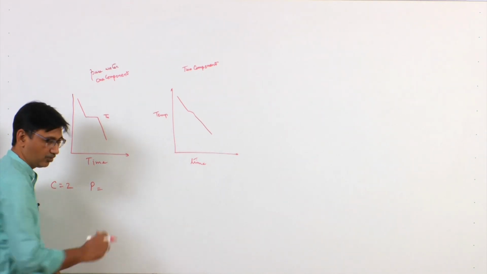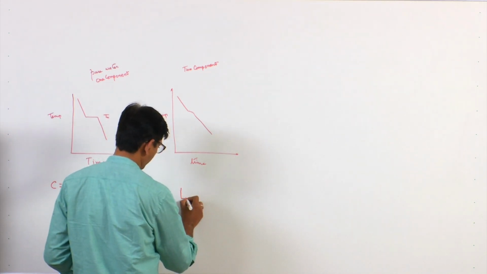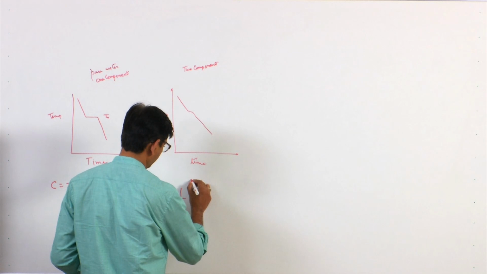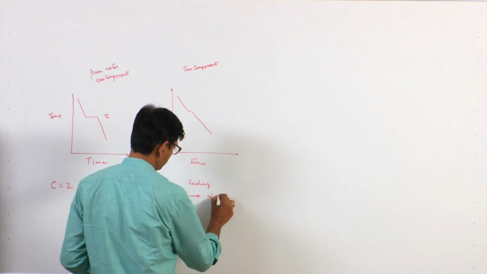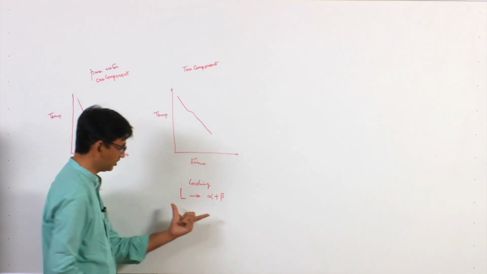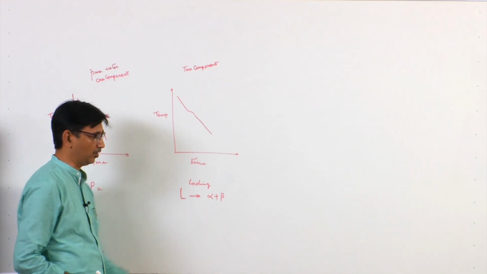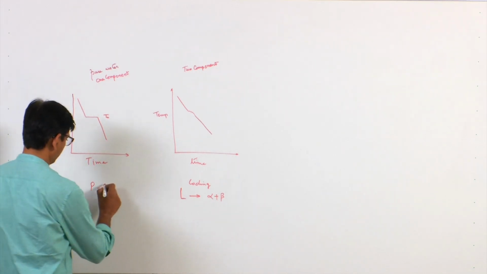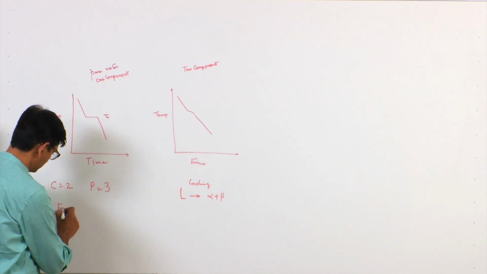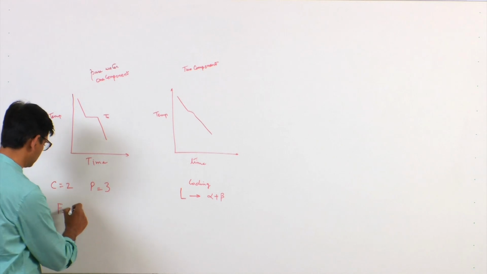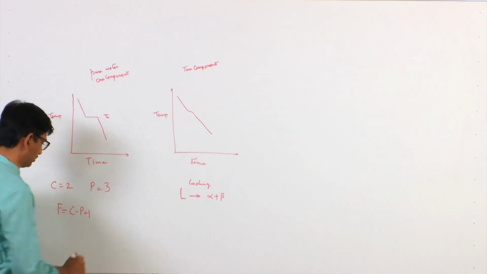As I told you, the eutectic reaction is like this: the liquid phase transforms on cooling to two solids. So, there are three phases in equilibrium here: liquid, alpha and beta, two solids. My relationship for the Gibbs phase rule is C minus P plus 1, as pressure is taken as constant.